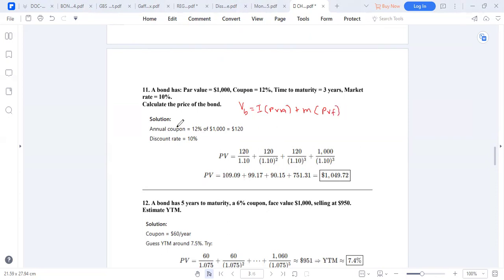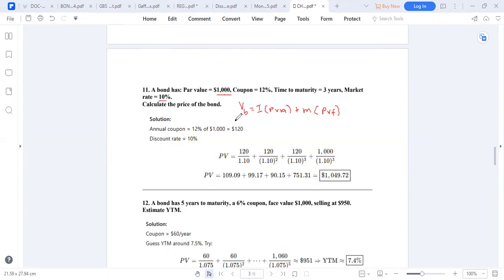Or we know that this is going to last for 3 years, and at the end of the third year you'll be given back your initial sum of 1,000. So 12% of the initial amount is 120. So 120 discounted at 10%, then second year 120 at 10%, third year 120 at 10%. Then in the third year, you'll be given back the 1,000 at the same market rate of 10%.